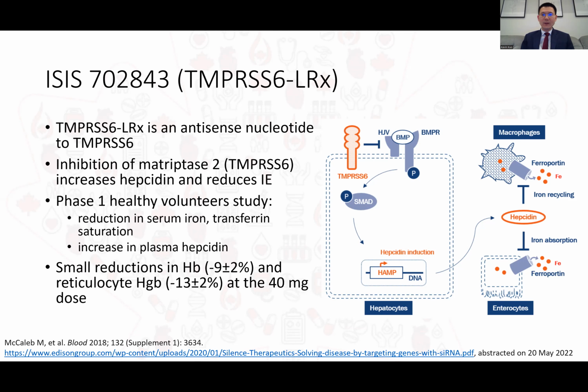In the phase 1 healthy volunteer study, it was shown to reduce serum iron transferrin saturation and increase plasma hepcidin. However, small reductions in hemoglobin of 9 grams per liter and reduction in reticulocyte hemoglobin of 13% at 40 milligram dose were observed.